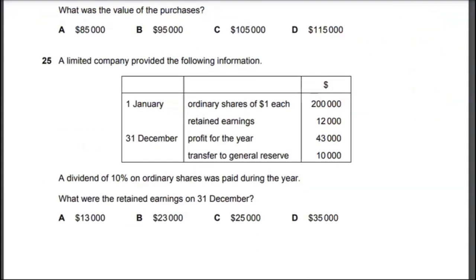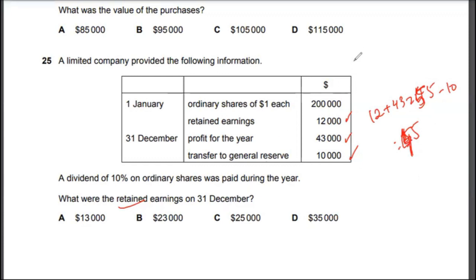Let's calculate retained earnings in multiple choice 25 because that's the question. You are given retained earnings at the beginning, and you are given net profit. So it would be 12 plus 43, which is 55. There was a transfer to general reserve, minus 10, so 55 minus 10 is 45. Yes, so 12 plus 43 is 55, 55 minus 10, 45.